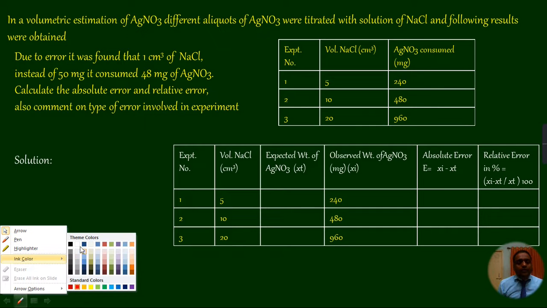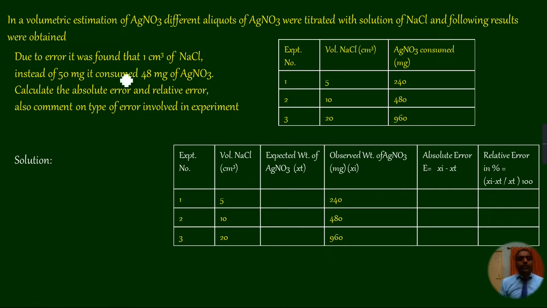In a volumetric estimation of silver nitrate, different aliquots of silver nitrate were titrated with solution of NaCl, and the following results were obtained.